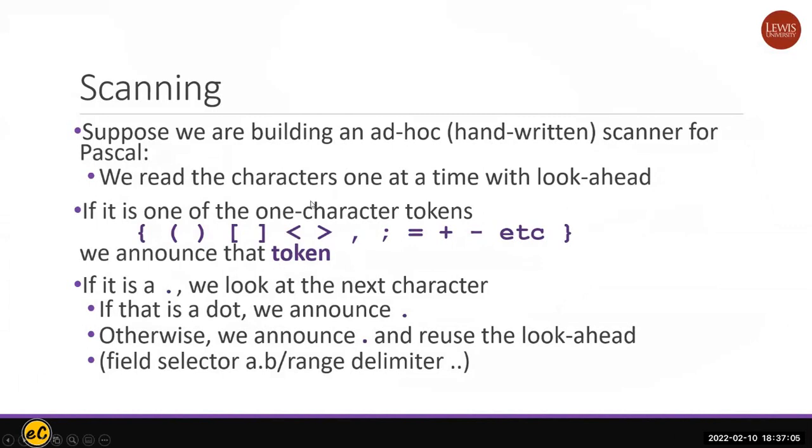So suppose we are building an ad hoc handwritten scanner for Pascal. We read the characters one at a time with a look ahead. So we may see a bracket, parenthesis, brackets, less than, greater than, comma, colon, semicolon, equals, plus, minus, etc. We call these individual tokens, and some of them are operators, some of them are block-level delimiters. If it is a period, we may need to look forward to the next one to understand what it is actually used for.